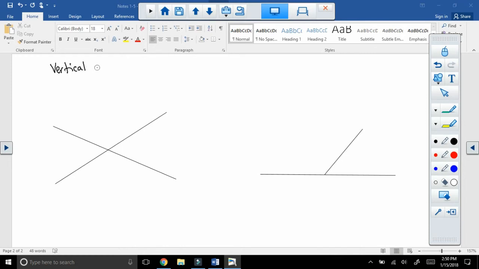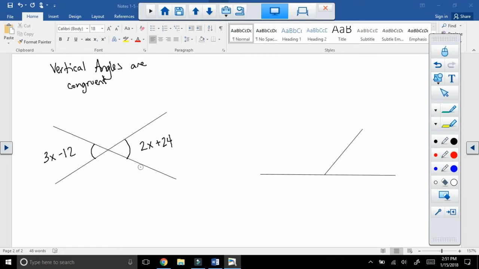One thing you need to know about vertical angles. Vertical angles like these two here are going to be congruent. They're going to be the same measure. So when you have problems that deal with these, let's say, for example, I have something like this is 3x minus 12, and this one here is 2x plus 24.